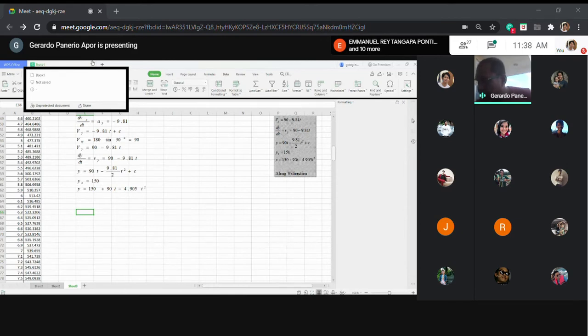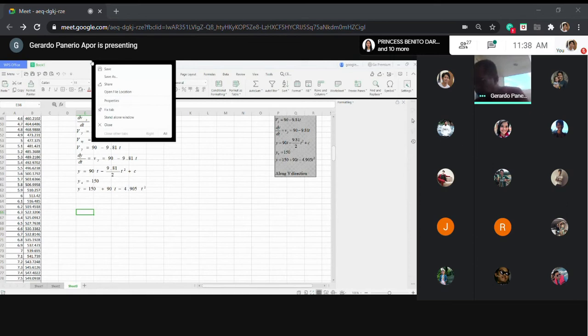The formula is minus B plus minus square root of B squared minus 4AC divided by 2A. Okay? So, I will have 90 plus minus square root of 90 squared, which is 8100, plus 4 times 4.905 times 150, divided by 2 times 4.905. I will solve that.